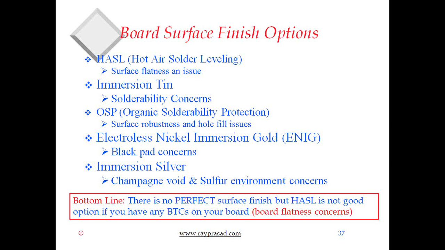OSP has some issues that have to do with the hole fill, and the surface finish is not very robust and may not be solderable for too long. Immersion tin is not a very solderable surface, and HASL has flatness issues. They all have their pros and cons, and you have to choose one of them, but HASL is one you might want to stay away from if there are BTCs because of flatness.